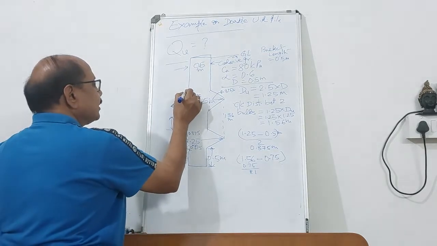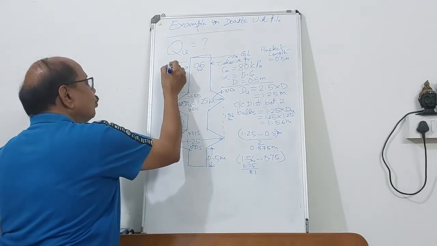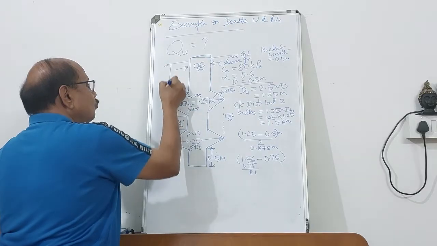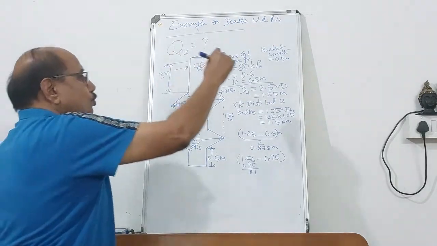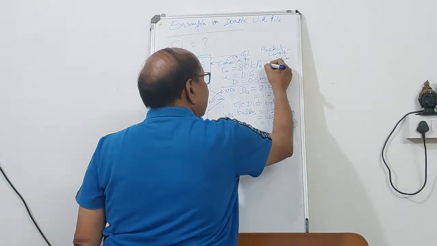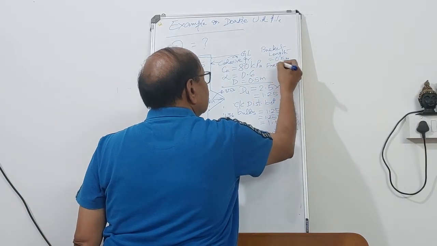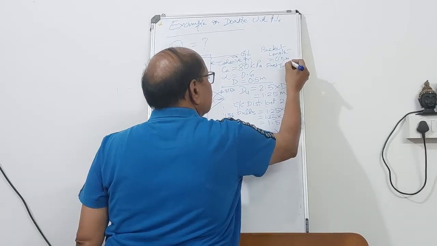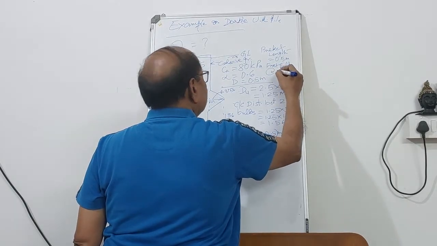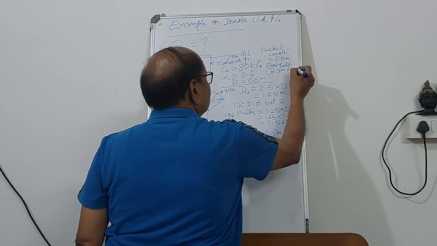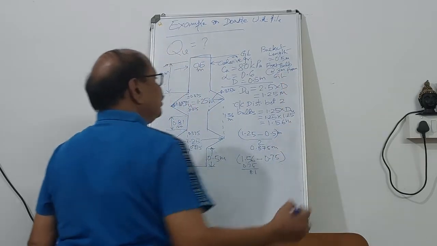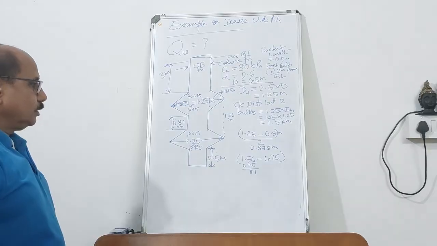And also it is given that the first bulb is located from the ground level at a depth of 3 meter. So the first bulb is at 3 meter from GL, ground level, right?